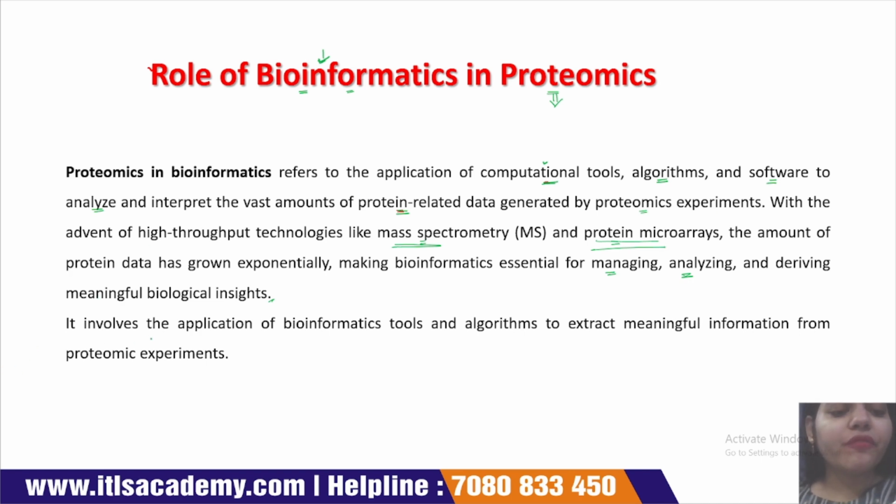It also involves the application of bioinformatic tools and algorithms to extract meaningful information from the proteomic experiment. This is the role of bioinformatics in the field of proteomics.